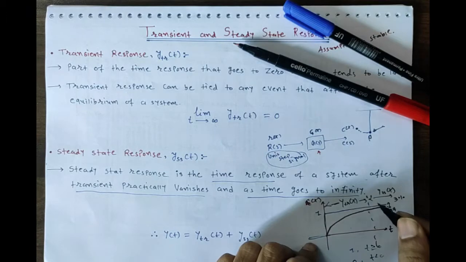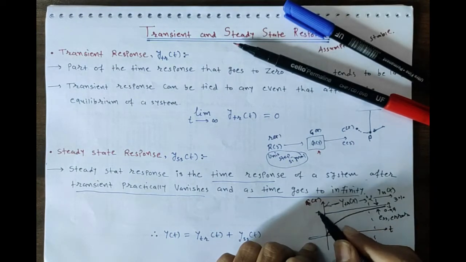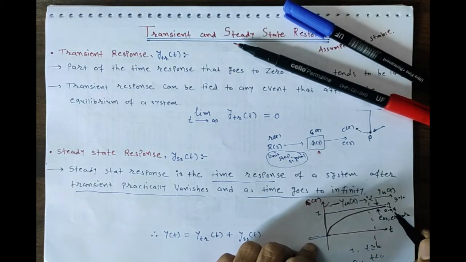And this much value difference is known as your steady state error, ESS. Because your input is 1 and you are getting output as 0.97, there will be some error, that is the actual minus whatever your output is. So 1 minus 0.97 is 0.03, which is the error.